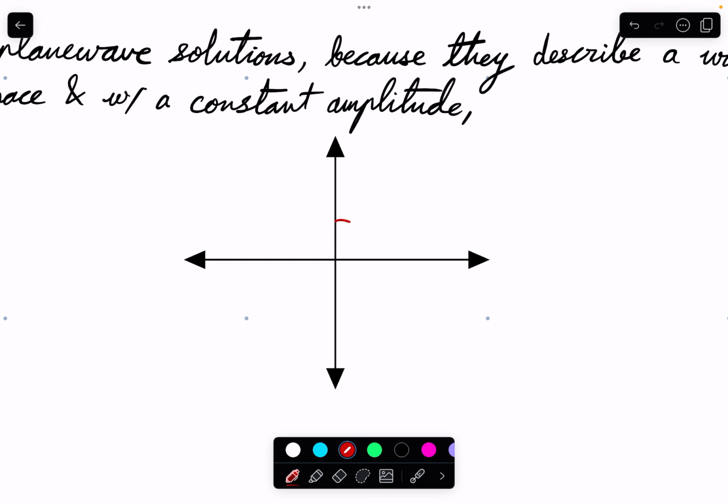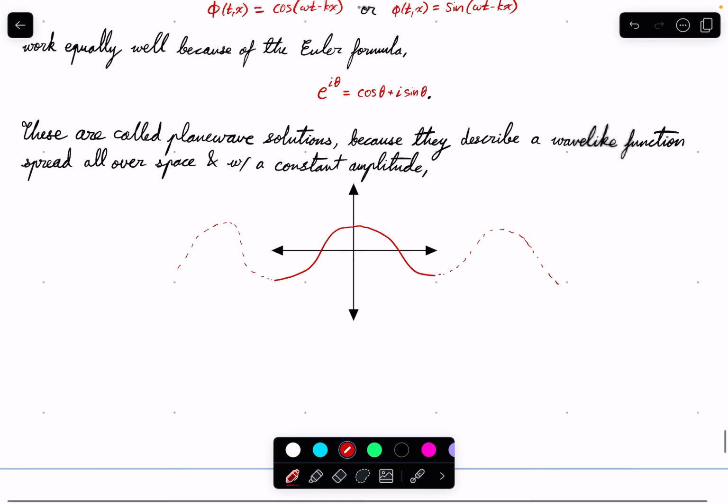Then if you have some function that goes like this, and then it continues on throughout all of space. So you have this thing kind of going throughout all of space. This is space. This is the value of the wave. Then this is called a plane wave.